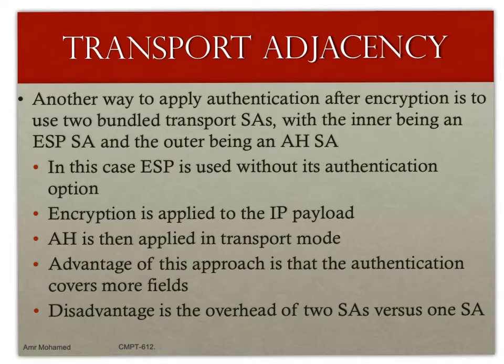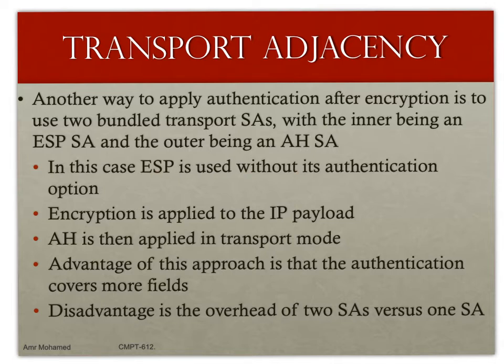Both of them are in the transport mode, and they are bundled together, which means that you have an ESP header, which refers to the security association for the ESP mode, and there is another SA for authentication using AH. Both of them are in the transport mode.